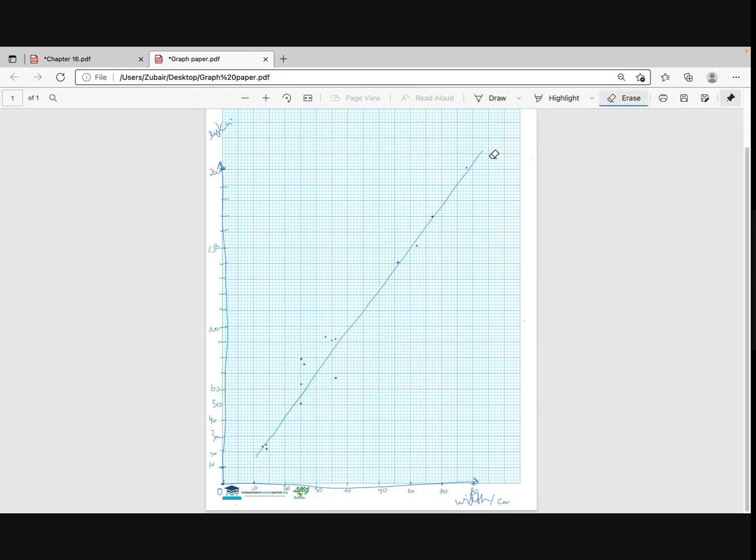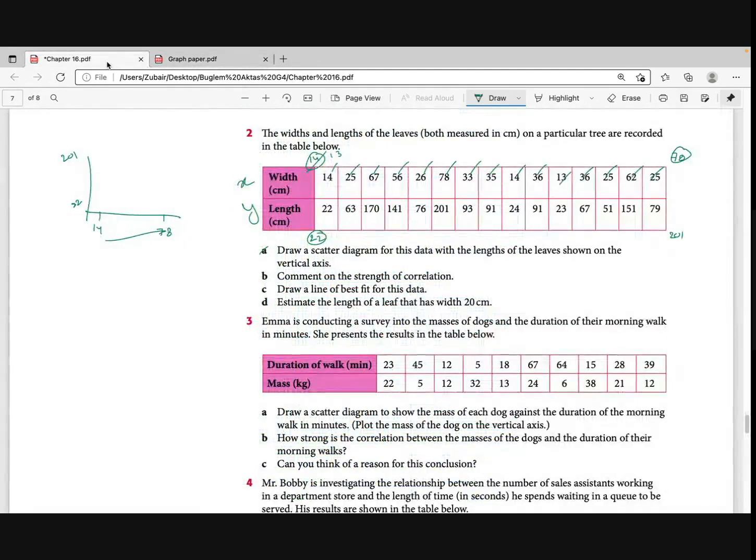Yeah. So that's the line of best fit. I tried to stop my hand at the last point. If I erase it, it would erase the complete line, so I'm keeping it.